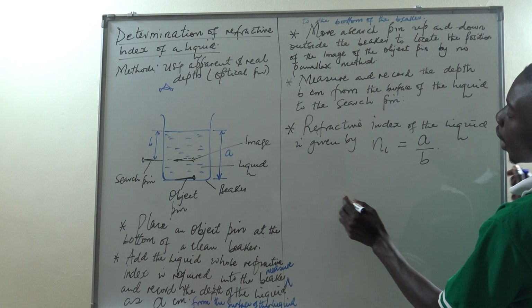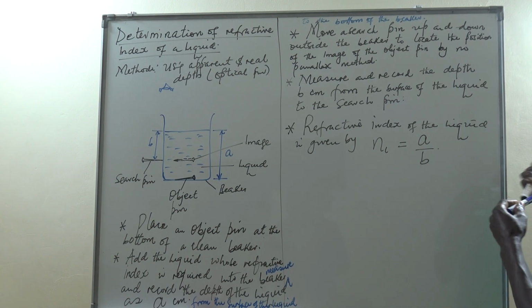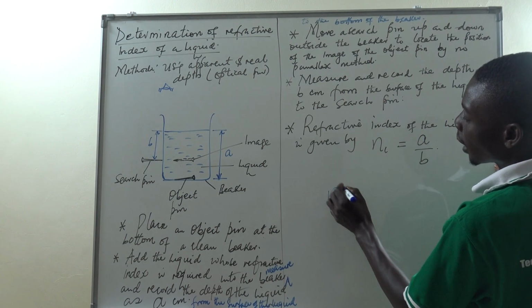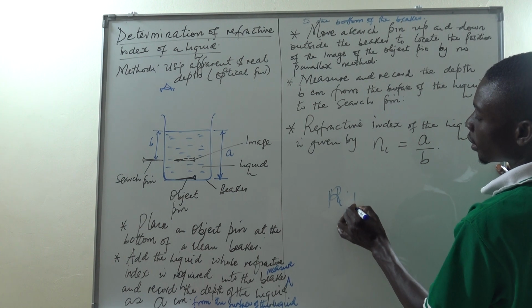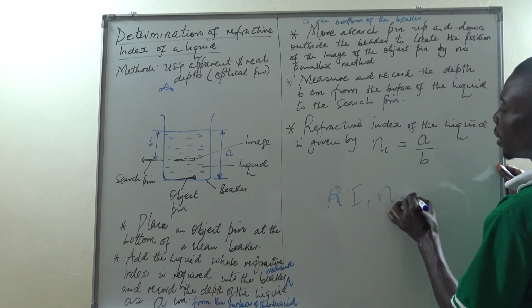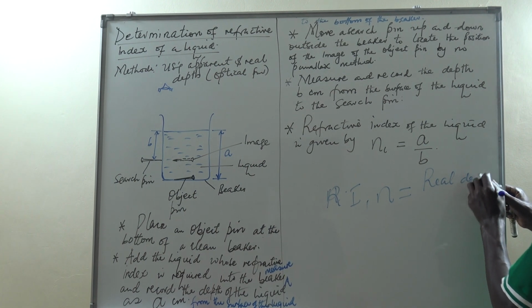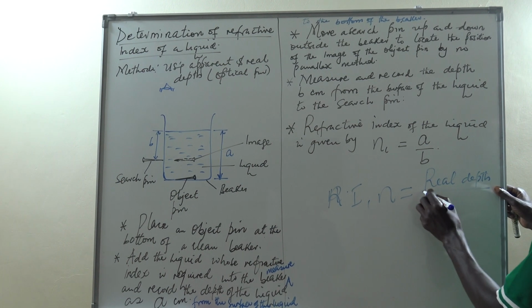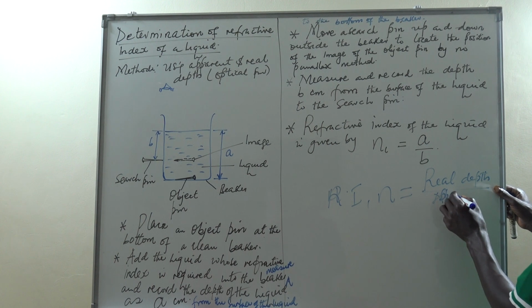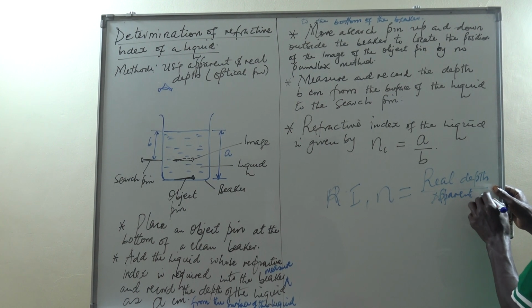Because this is equivalent to saying that refractive index n is equal to real depth over apparent depth.